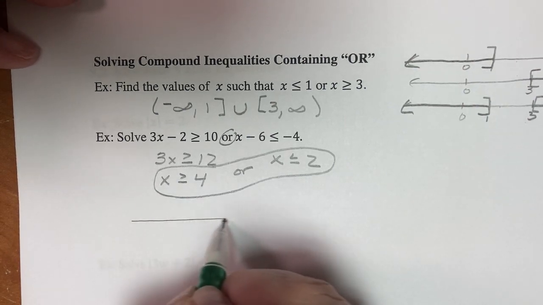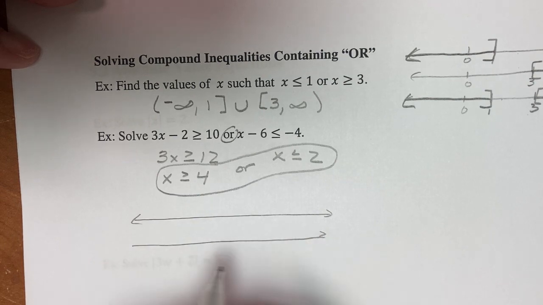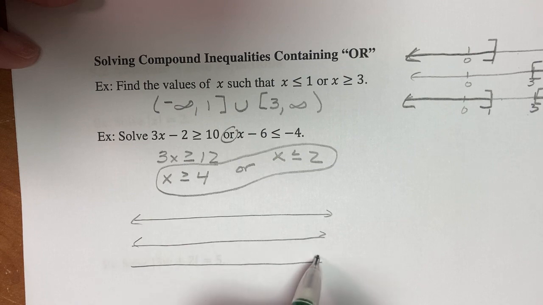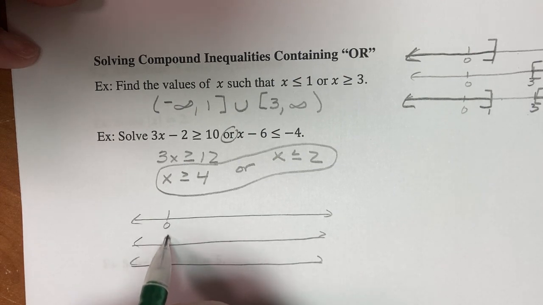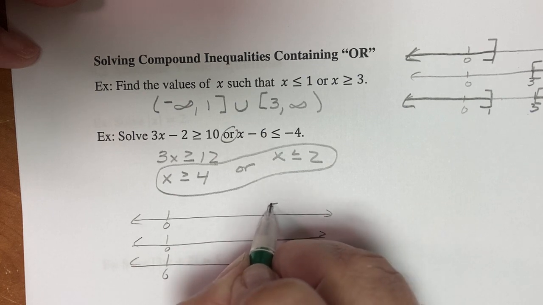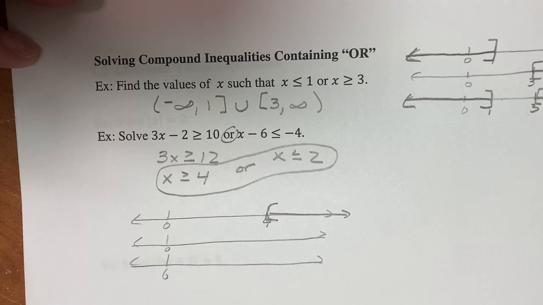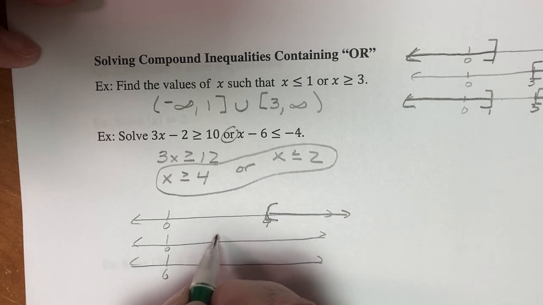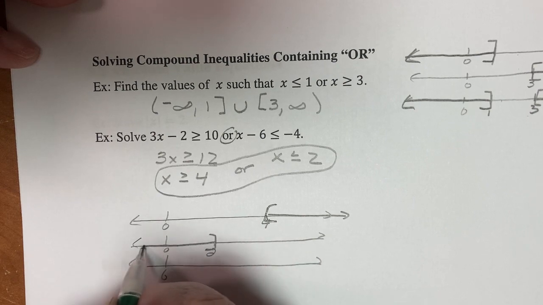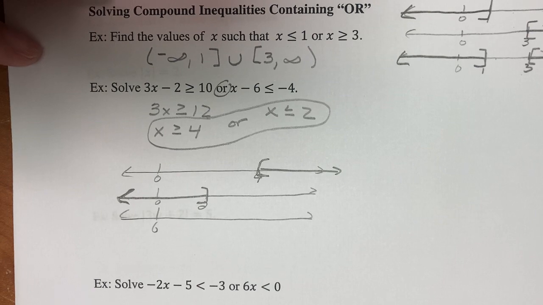So if I do the 3 graphs, all numbers greater than or equal to 4 would be a bracket to the right. Less than or equal to 2 would be a bracket and to the left. So you can see this is going to be a pretty standard one.